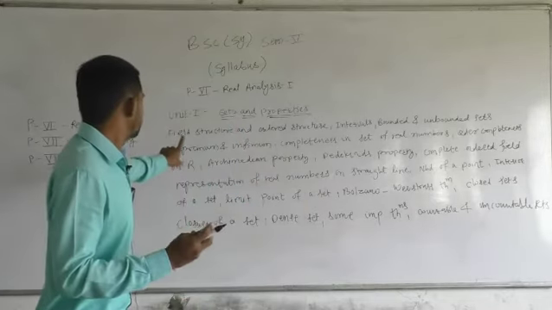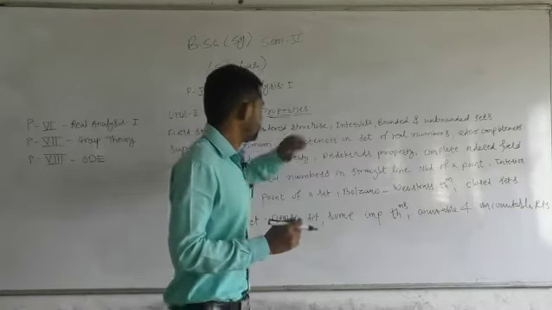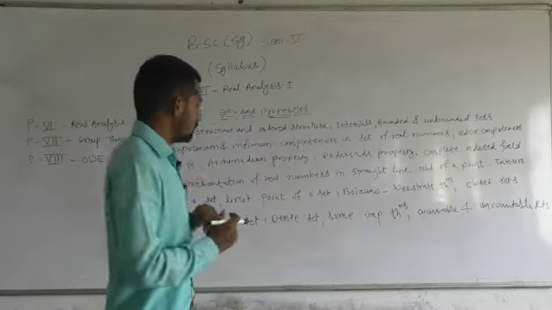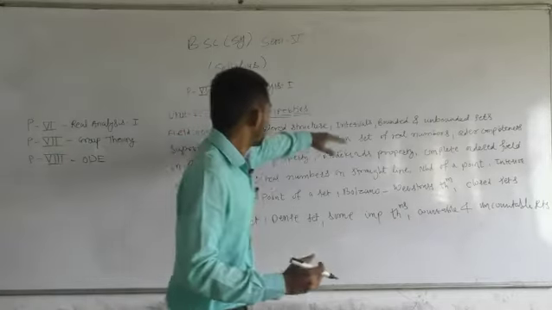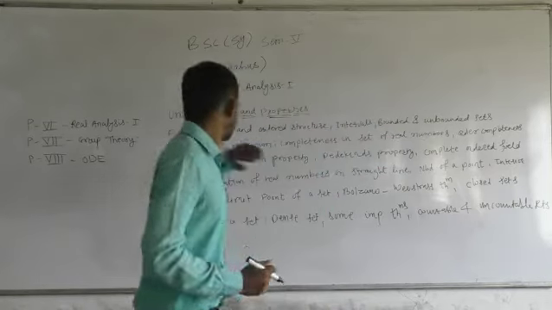The first point is field structure and order structure of a set. Second point is intervals, bounded and unbounded sets.